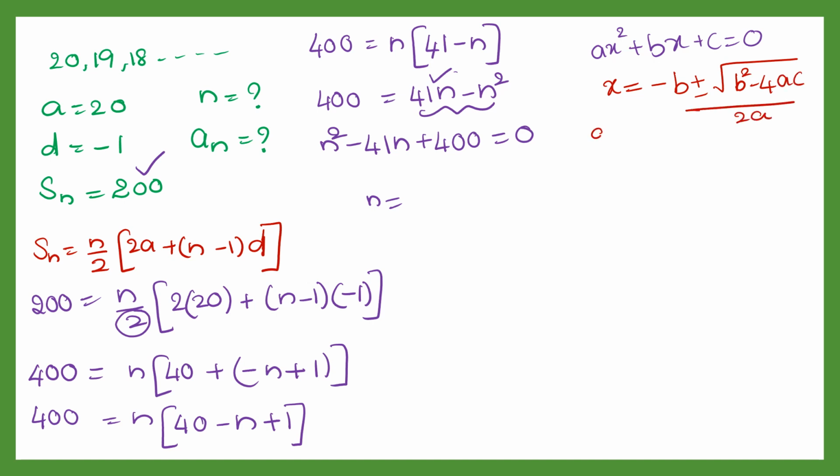If you compare this equation with ax square plus bx plus c is equal to 0, you get a is equal to 1, b is equal to minus 41, c is equal to 400.